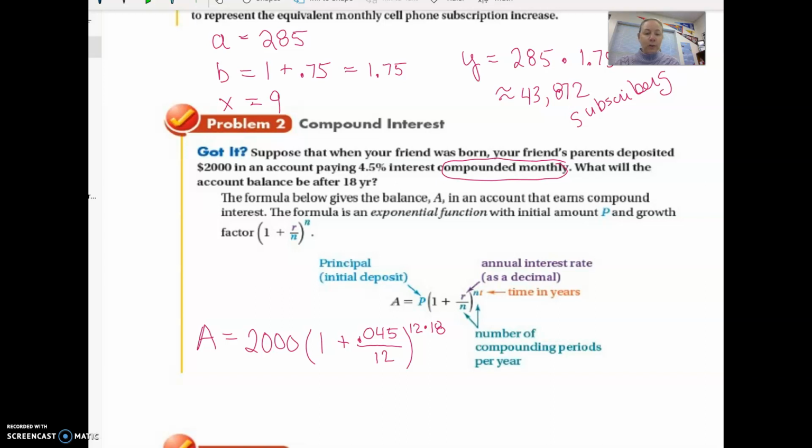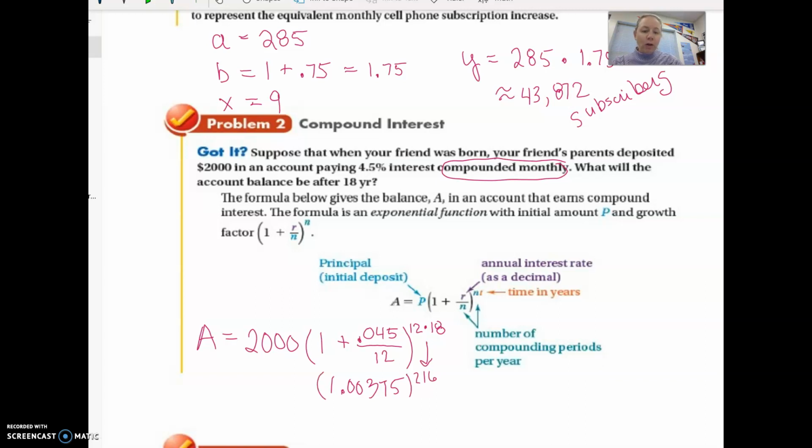And then, of course, I would add 1 to that. That gives 1.00375. Then I know that is going to be to the 216th power because I multiplied those.